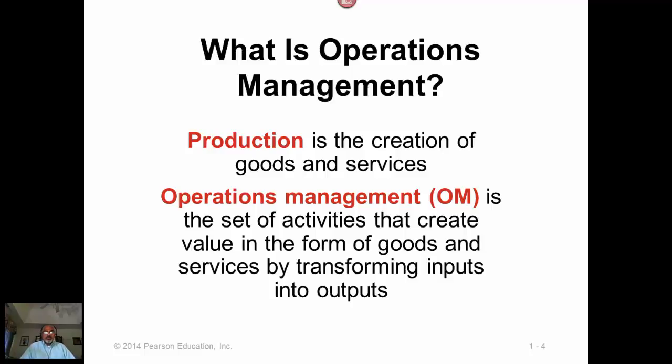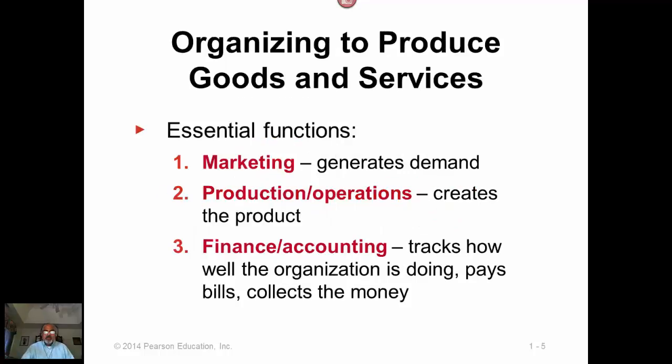So production can be thought of as this transformation process which takes input and converts that input into output of added value.